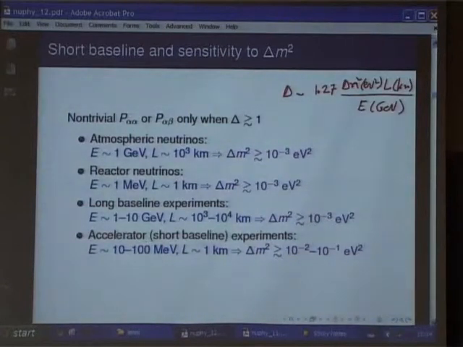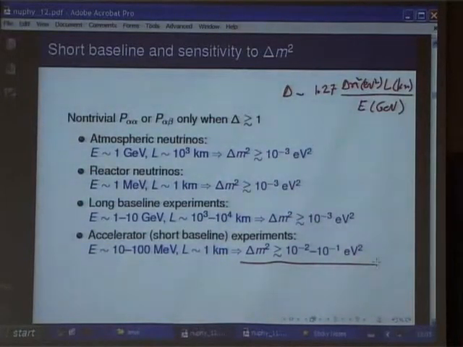And now for the short distance experiments, which are usually accelerator experiments, you start with energies of the order of about 10 to 100 MeV. Then you go about 1 kilometer away from the source. This means that you are sensitive to delta n square about 10 power minus 2 to 10 power minus 1 electron volts, so much larger.